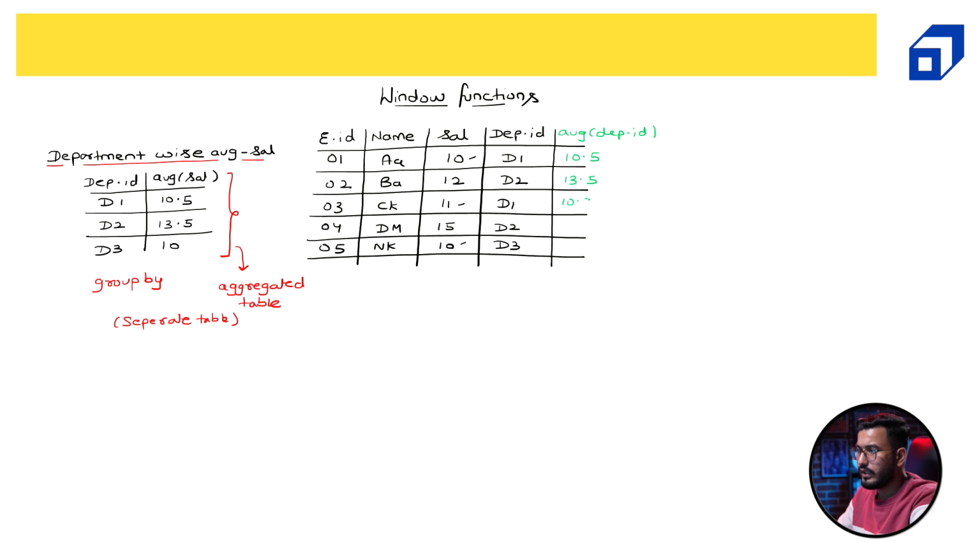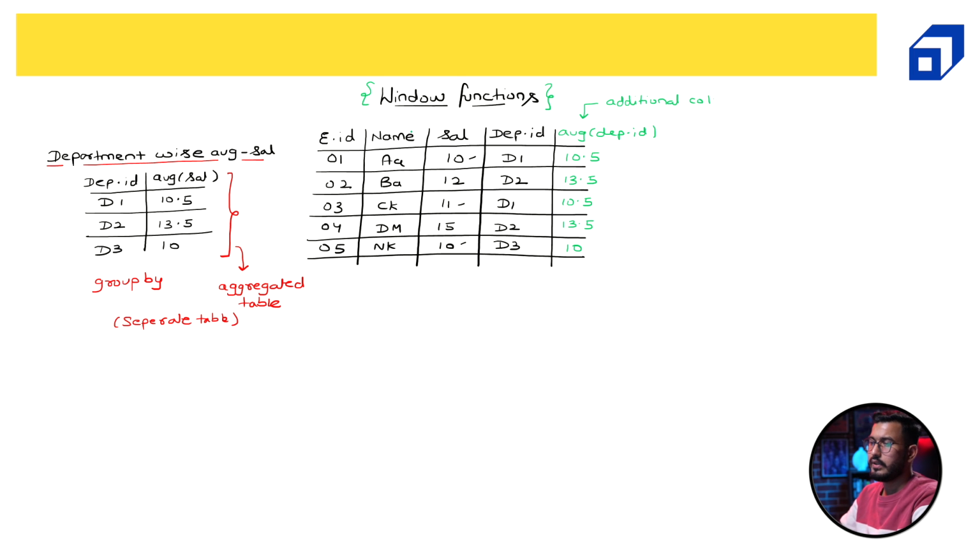D1 10.5, D2 13.5, D3 10. And this is the additional column that I wanted to generate. Now how is this possible? This is possible by using what is known as window function.